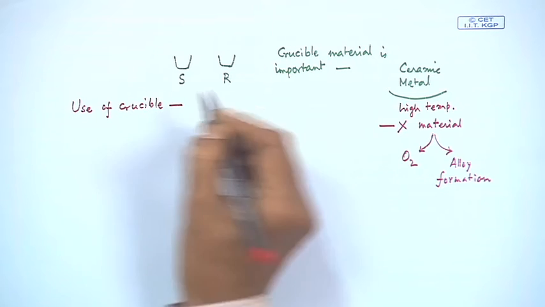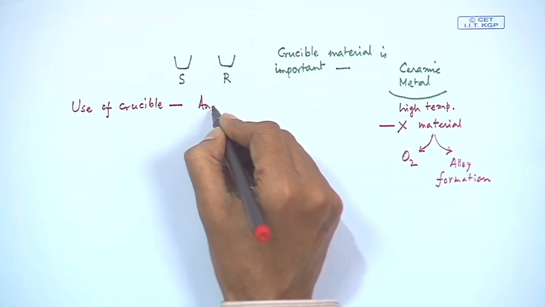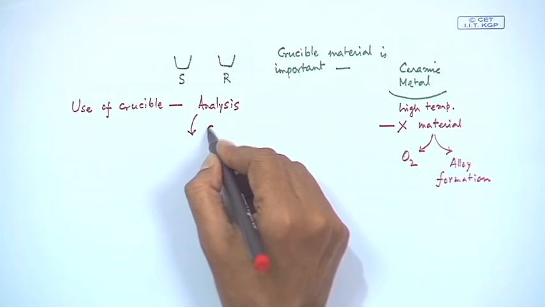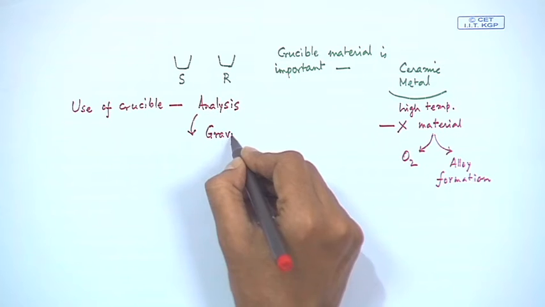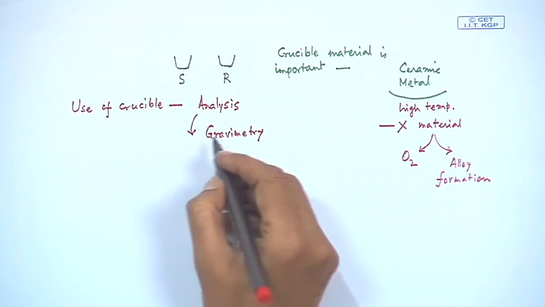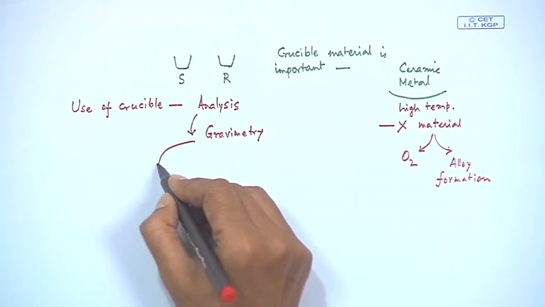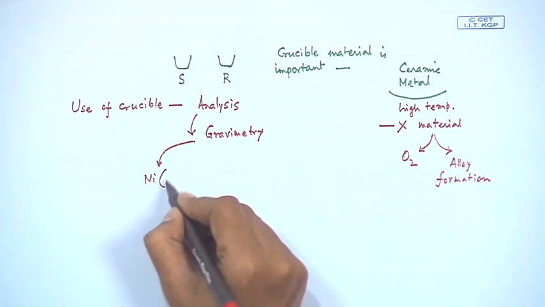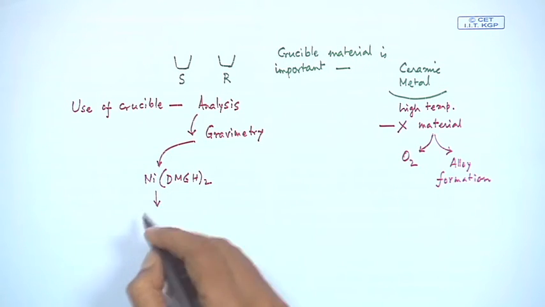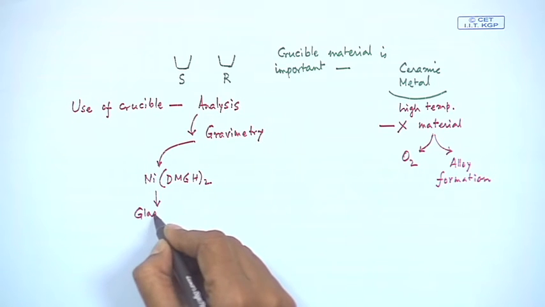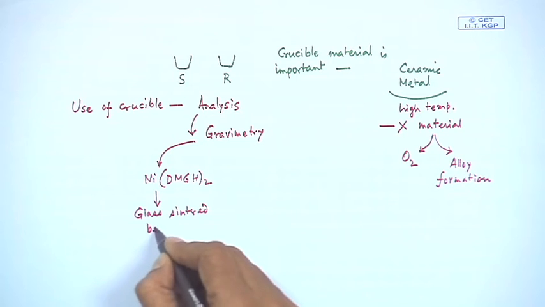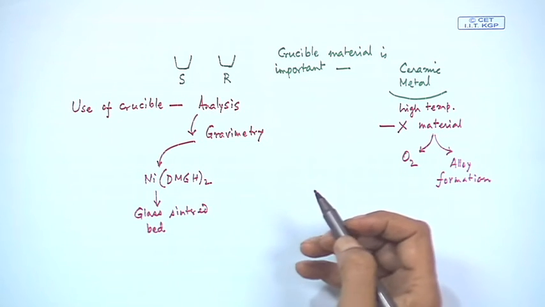When we do simple laboratory analysis, such as in gravimetric analysis or in gravimetry, we have seen that in some cases where we are precipitating nickel DMG, we use a glass sintered bed containing crucible.